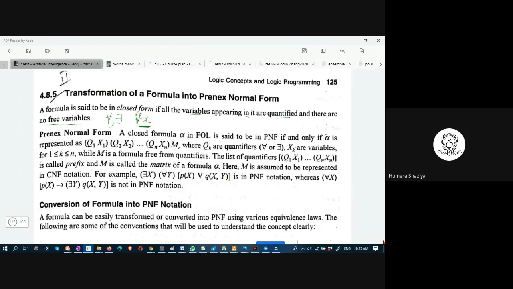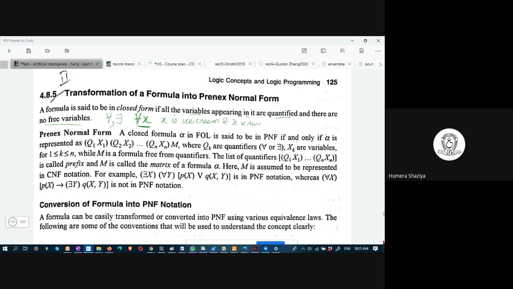For example, when x is ice cream, I can say for all x, x is sweet.